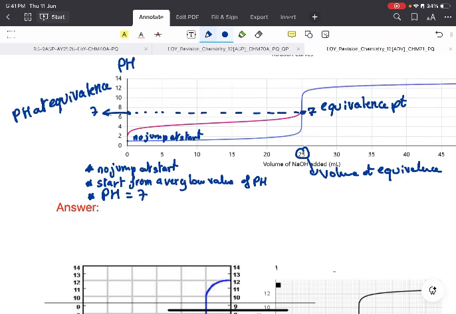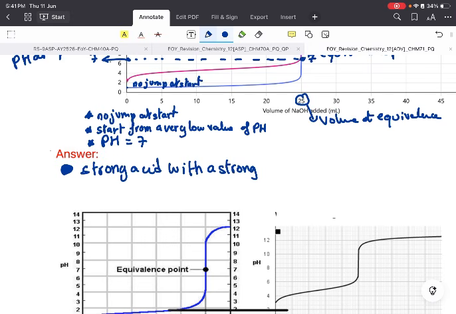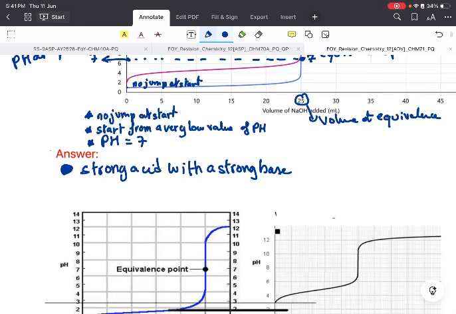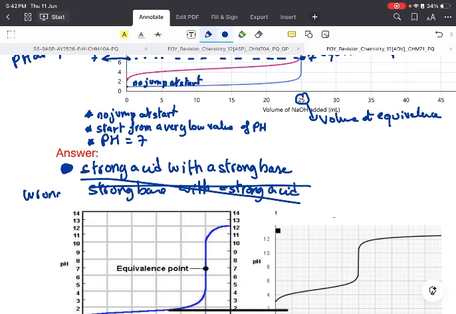So pH at equivalence is equal to 7. Therefore, the blue curve is the titration of a strong acid with a strong base. Be careful, if you wrote strong base with a strong acid, that is wrong.